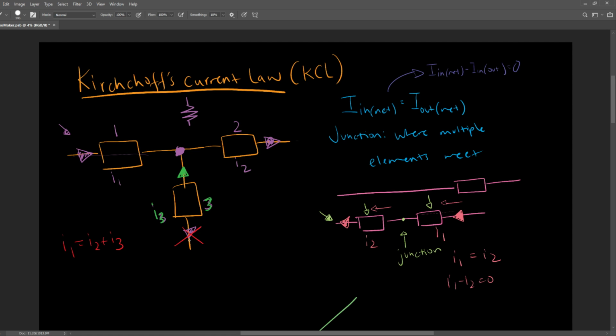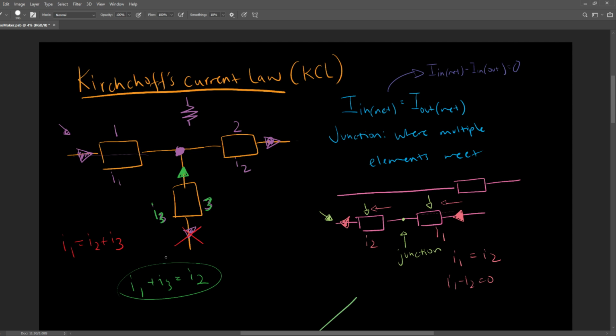I could have drawn the arrow like this. It doesn't really mean anything, it's the same thing. That means I1 is flowing in, I3 is flowing in, and that is going to be equal to I2. So the currents I1, I3, and I2 will be represented by this equation.